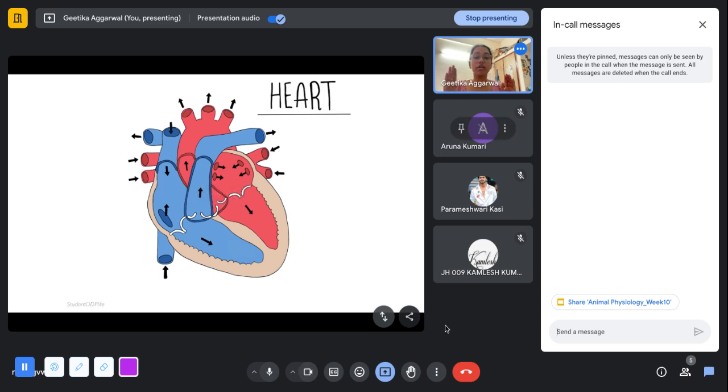What are the four chambers of the heart? What are they called? LA, RA, LV, RV. So what do the A and the V here stand for? Okay, you're saying it's right oracle. So are you sure? Can you think of anything else? It's not oracle. So what do the A and the V stand for?